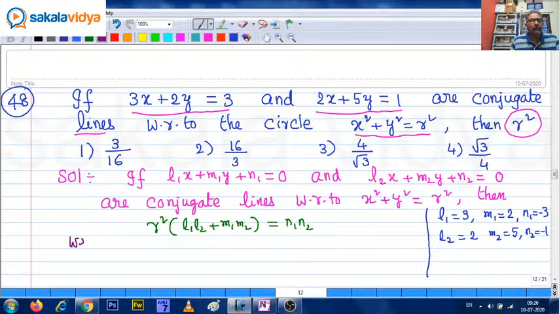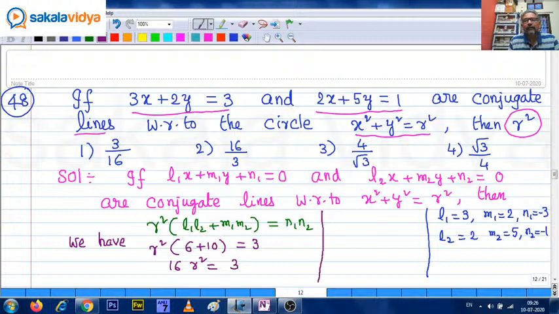So we have r square times L1 L2, which is 6, plus M1 M2, which is 10, equal to N1 times N2, 3. 16 r square equals 3. Therefore, r square equals 3 upon 16. That means the first option is the right option.